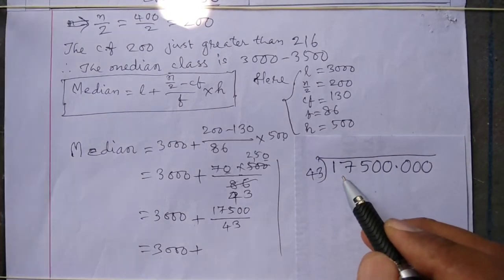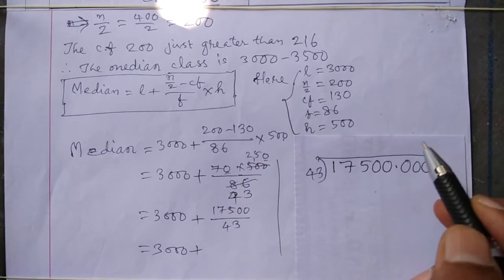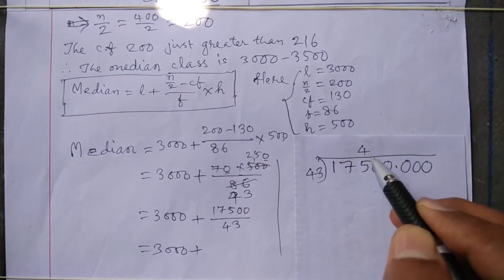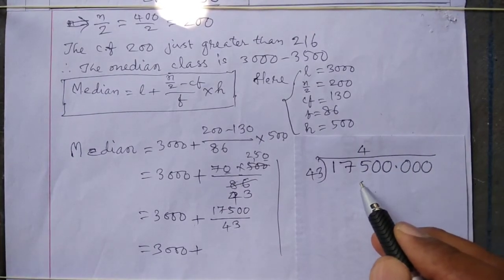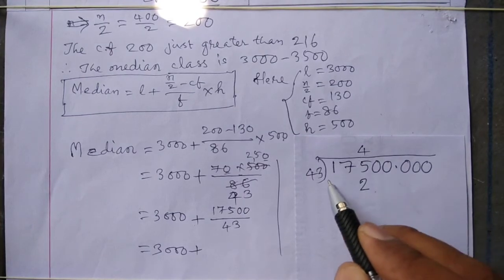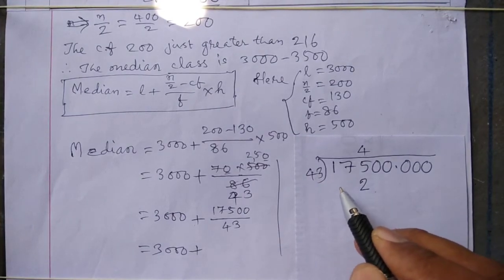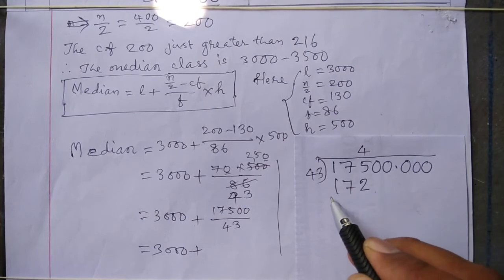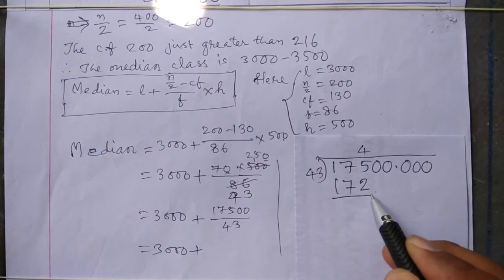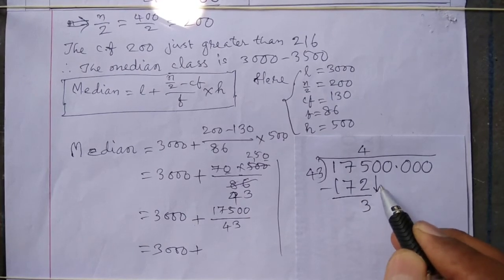First, 43 fours are 172. Subtract, bring down 0.